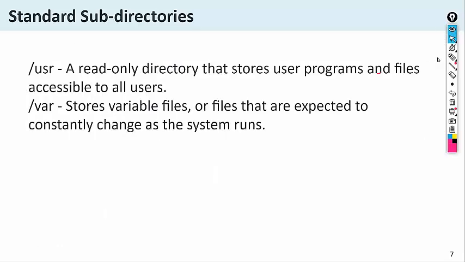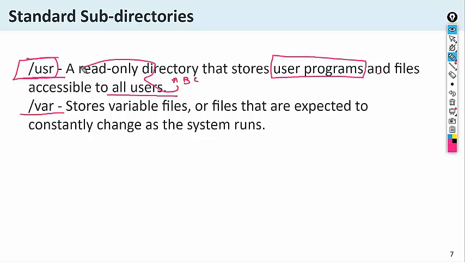There are some other folders like /usr and /var. /usr, as its name suggests, holds user programs which are available for all users. Means user A, user B, user C, all users can access this directory.